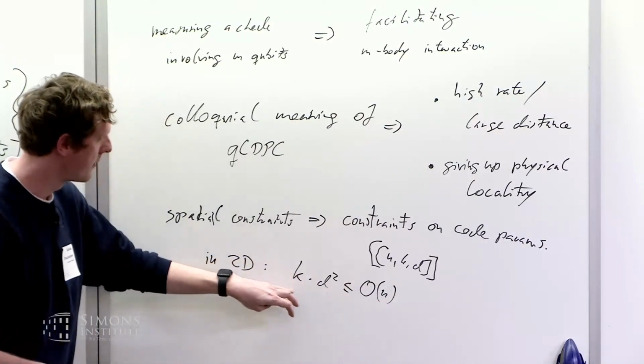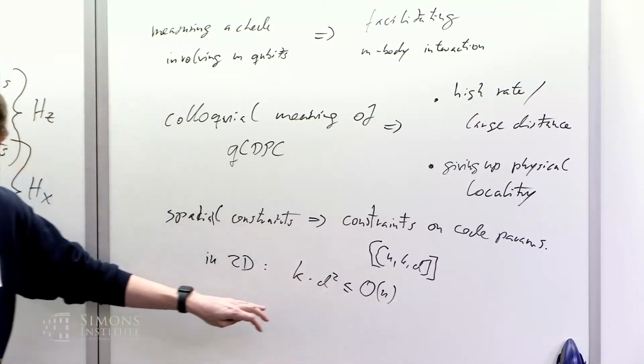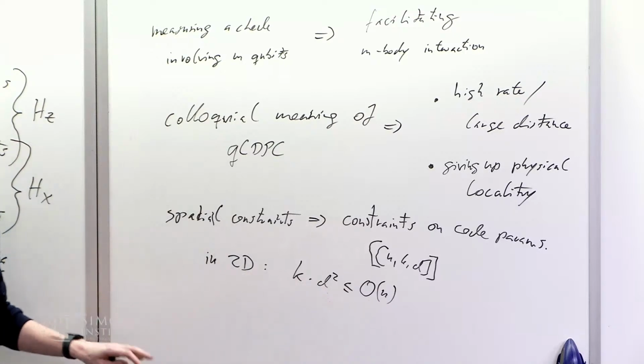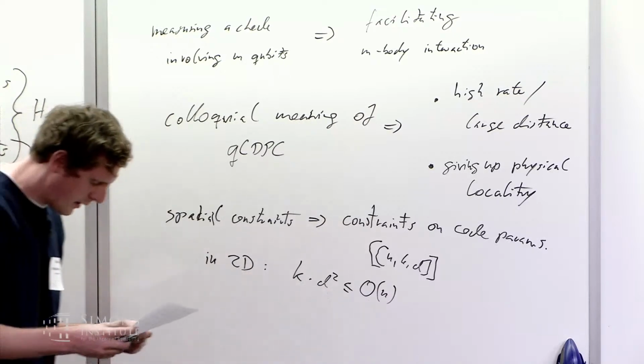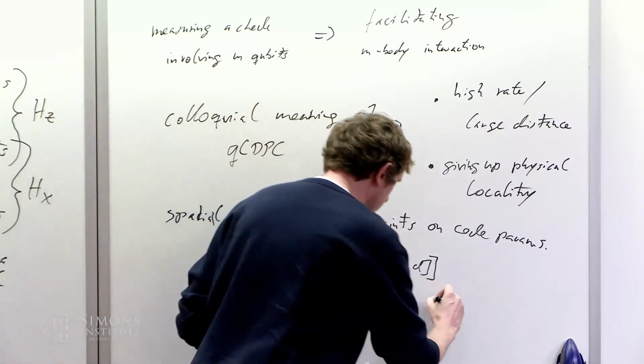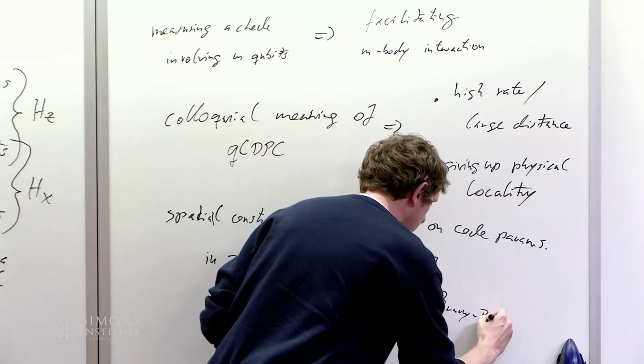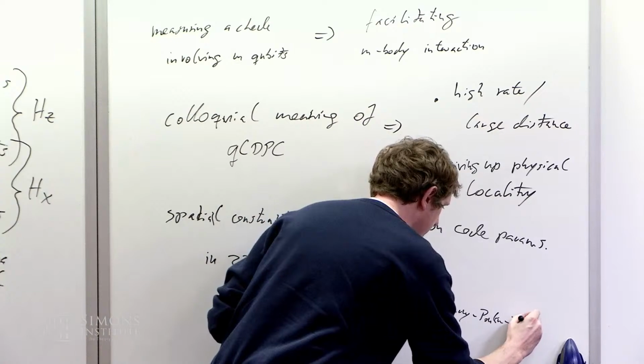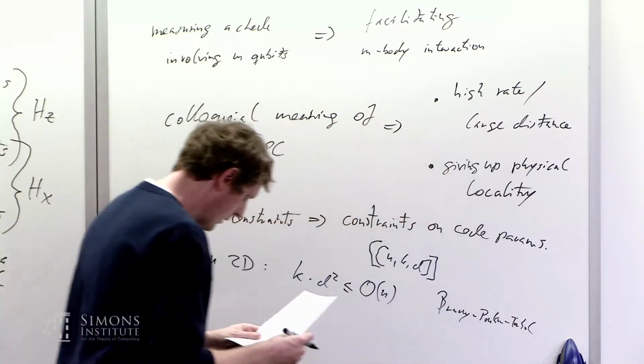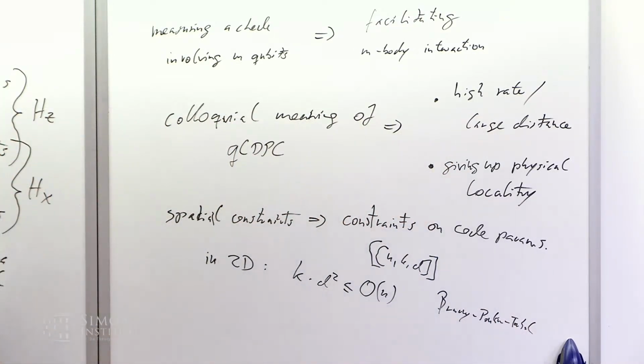So it just satisfies this bound. And it turns out we can't do any better if we stay in 2D. This is a bound due to Bravyi, Poulin, and Terhal.